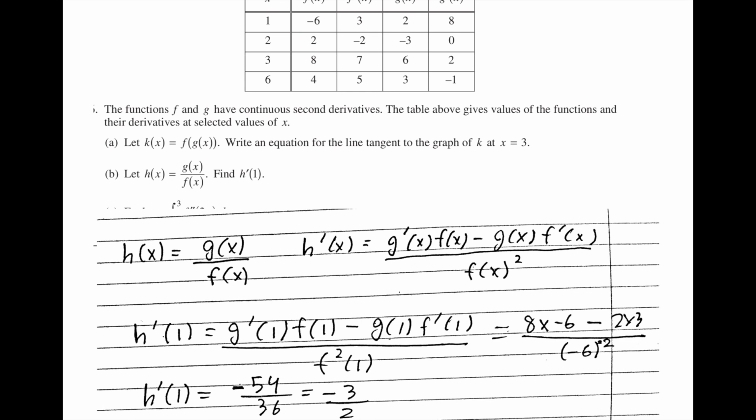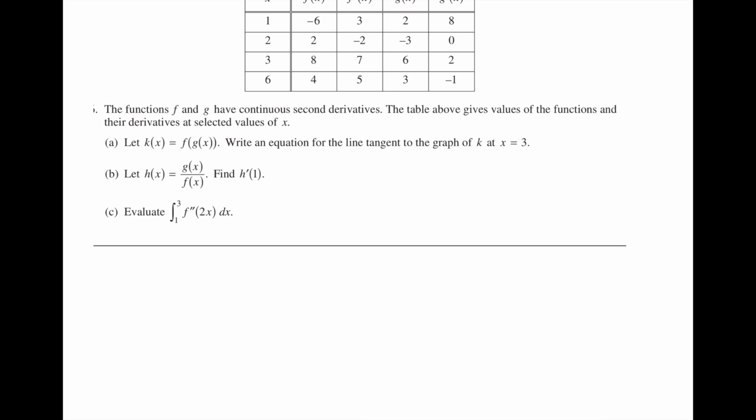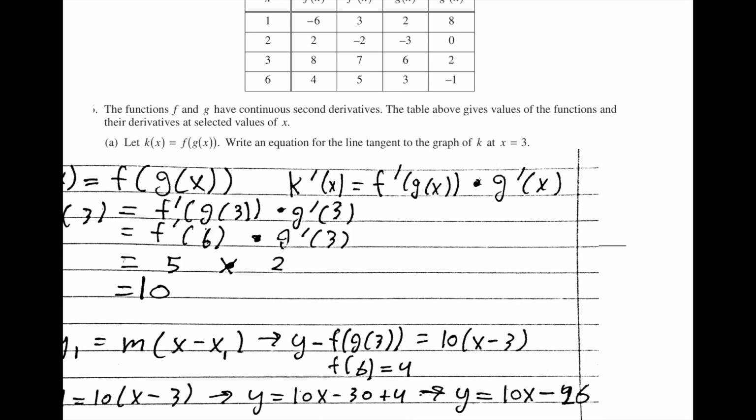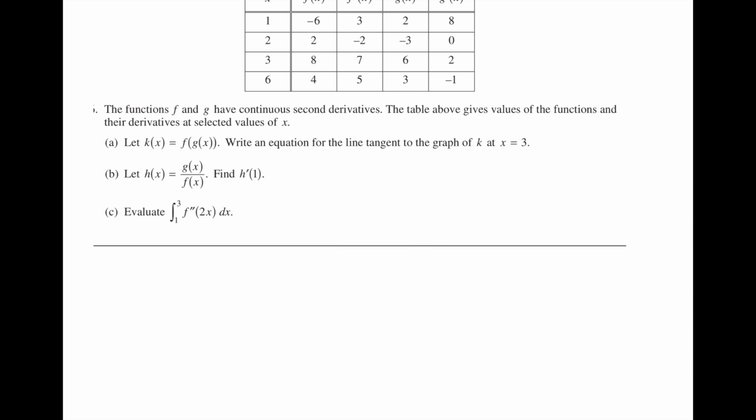So also we have part B. Part B says, let h of x equal g of x over f of x. Find h prime of 1. In order to solve this problem, you just have to apply the quotient rule. The quotient rule is high prime times low minus low prime times high, over low squared.